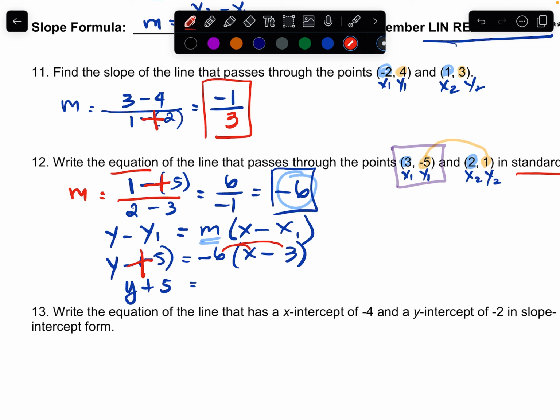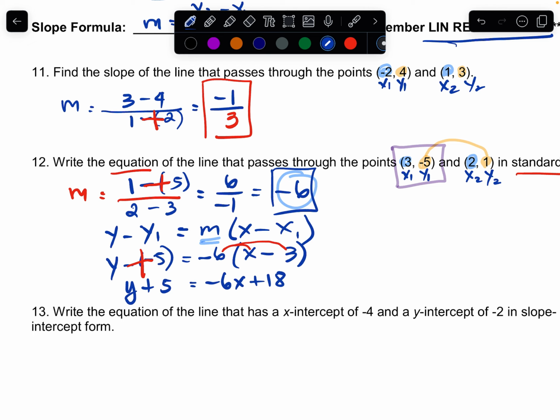Let's distribute the negative 6 to the x and then to the negative 3. So it becomes negative 6x plus 18. Right, I have 5, negative 5. Good. Now, let's keep going.